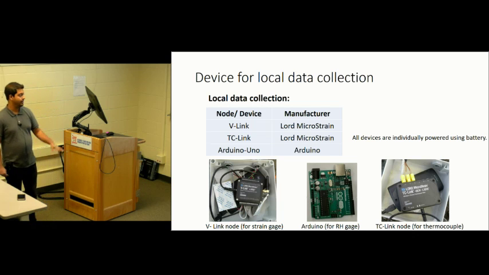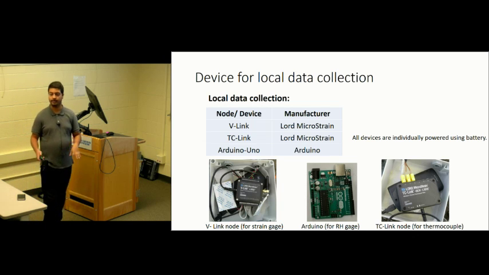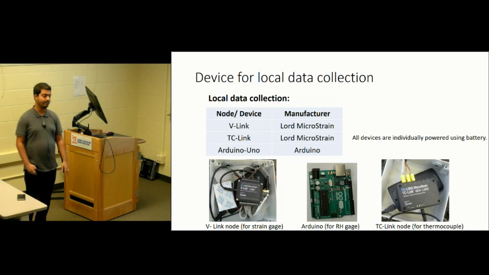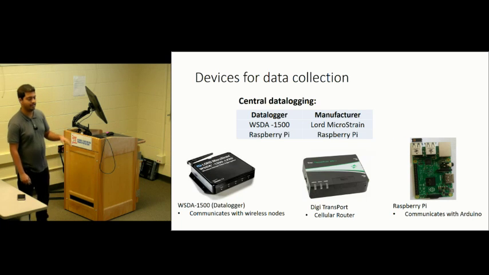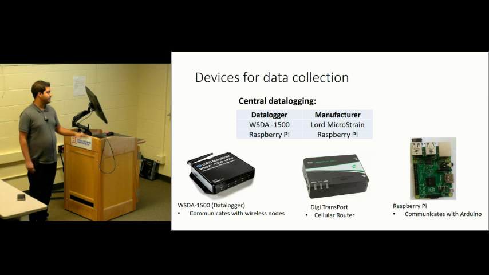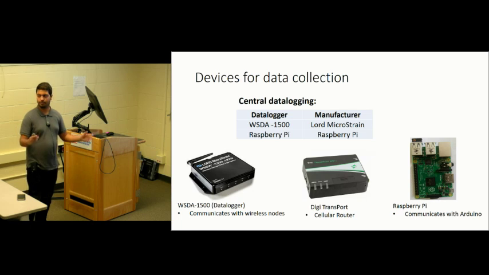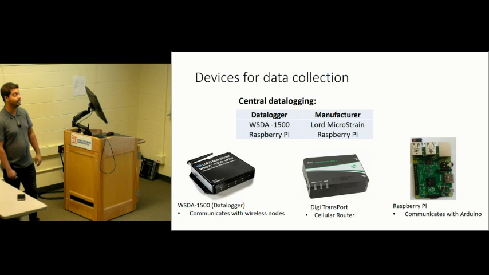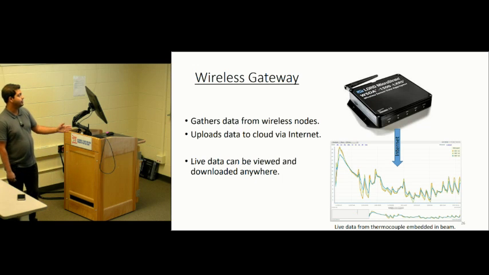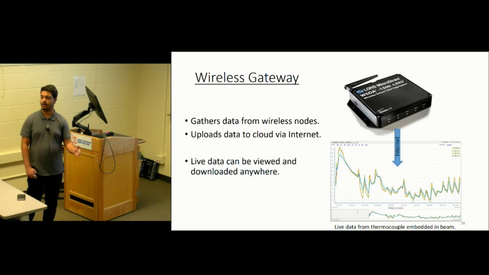Each of these nodes can be individually powered. Powering any instrument in the field is a very big challenge, and this solves that. These are the data loggers, and Raspberry Pi is another Internet of Things device that we have been using to communicate with Arduino and collect the data from relative humidity sensors. The gateway uploads everything online, and we can go online and see all this data in real time.